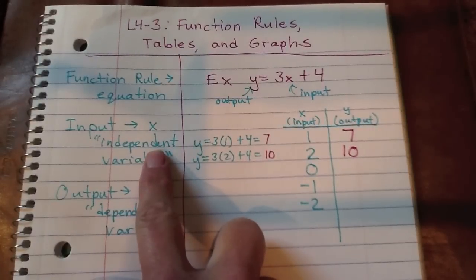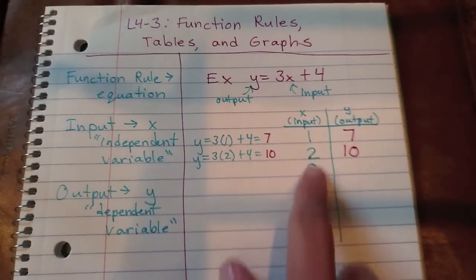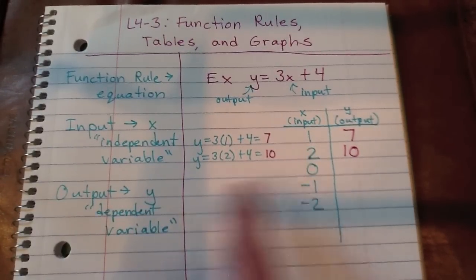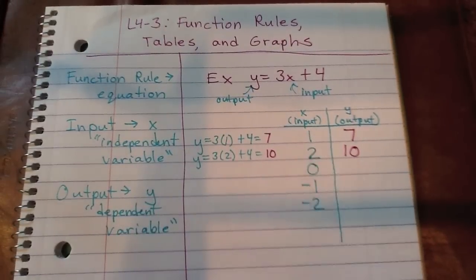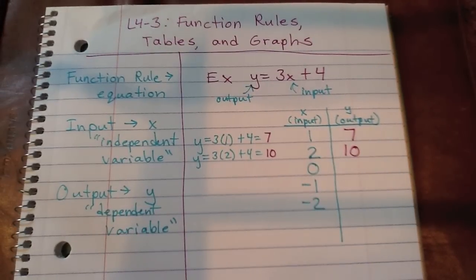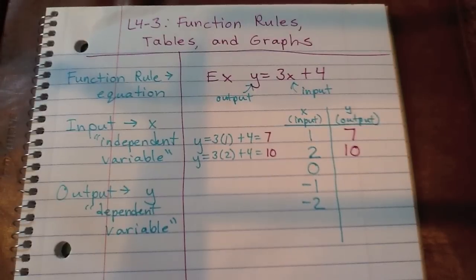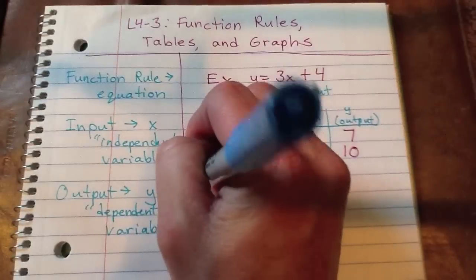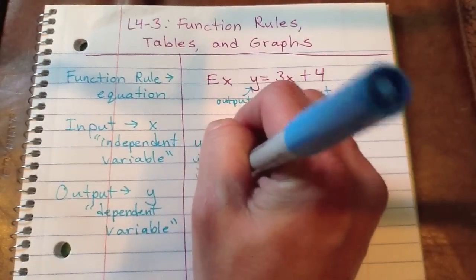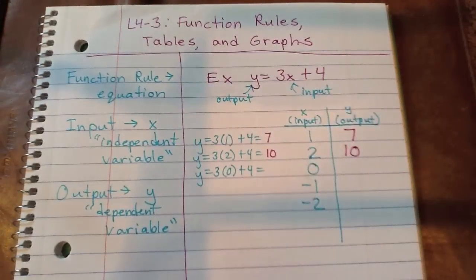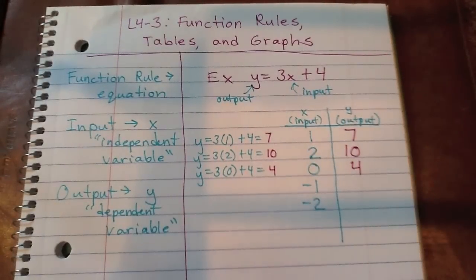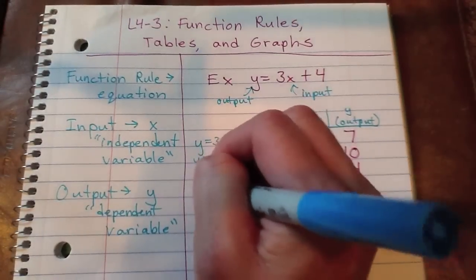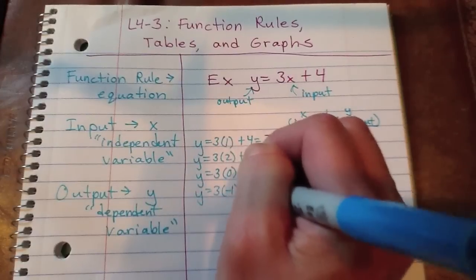Independent variable comes from the fact that you choose what numbers go here, typically. Dependent depends on what was picked for x. So that's why those are called independent and dependent. y equals 3 times 0 plus 4, which is 4. y equals 3 times -1 plus 4.